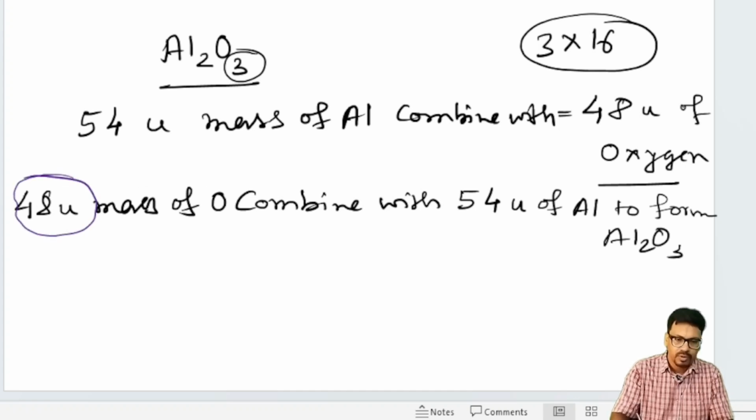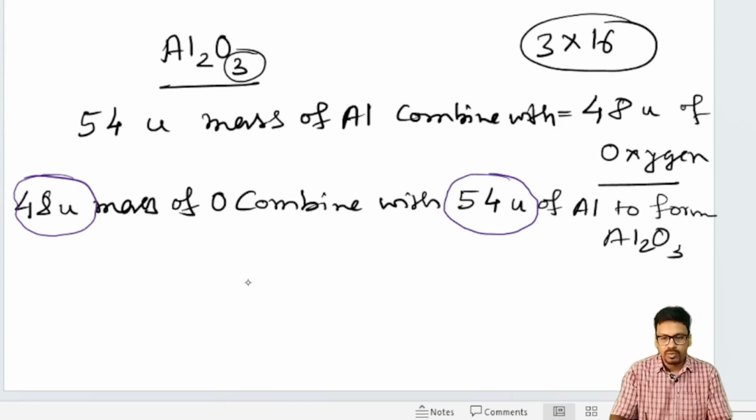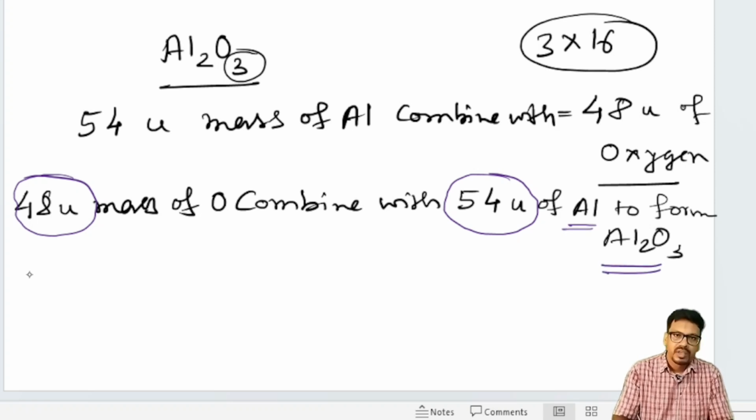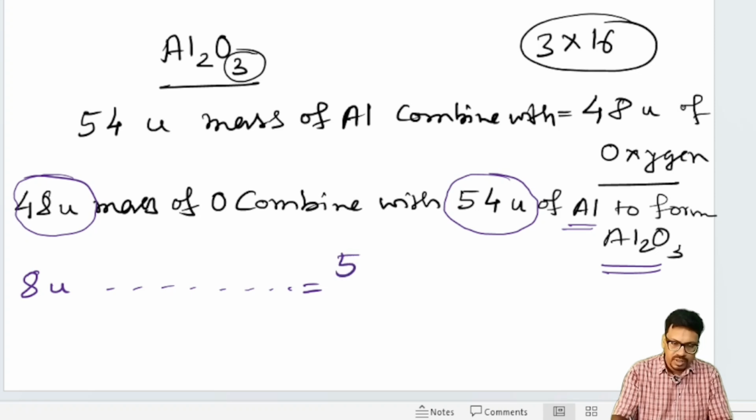48 mass of oxygen can combine with 54 U of aluminium to form Al2O3. Now, in the unitary method, we can write 8 U mass of oxygen can combine with 54 into 8 by 48 U of aluminium in Al2O3.